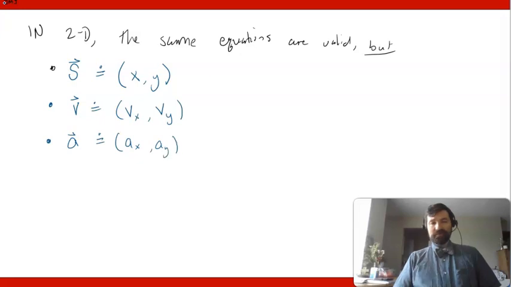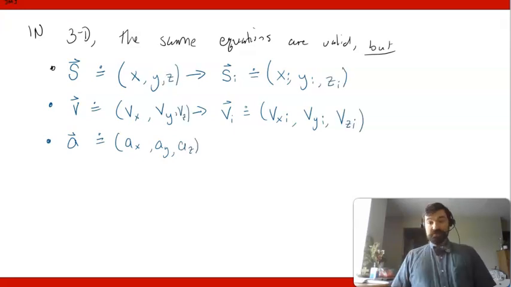This right here also implies that the initial position s_i is represented by x comma y initial, and this one right here, v initial, is represented by vx initial comma vy initial, etc. As an aside, if we wanted to go into 3 dimensions, we could use the same set of equations again, but we would have to add that third coordinate term.